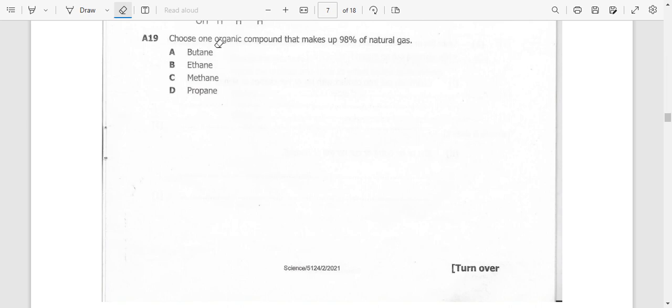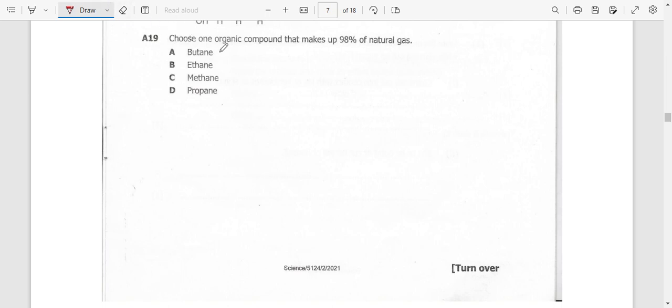Natural gas is simply when you are talking about we have got what we call the crude oil. In other words, when you're talking about natural gas, you are just talking about alkanes. So in this case, all these which are listed here are alkanes.